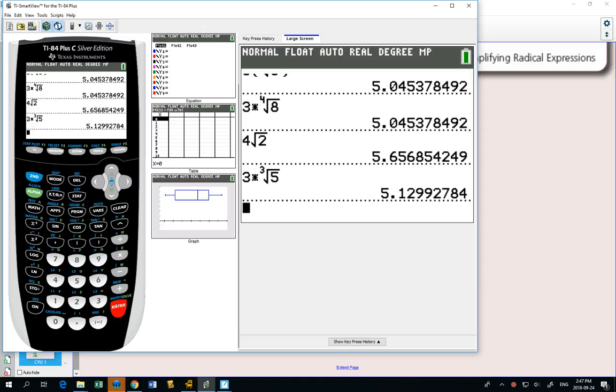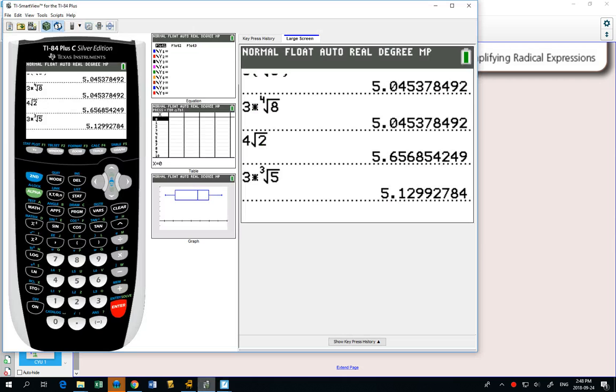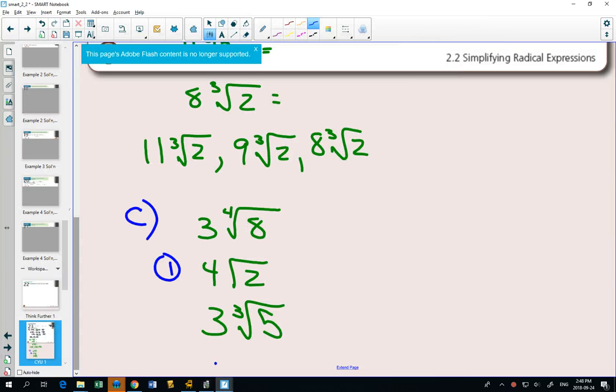So the 4 square root of 2 is the largest. 3 times the cube root of 5 is second. And then the smallest one is 3 times the 4th root of 8. So this one is the biggest. This one was second, and this one was third.